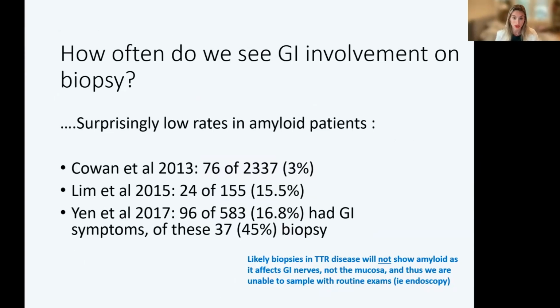Even if you take patients with known amyloid disease plus GI symptoms, one study suggests that less than half of these will still have positive biopsies. So, again, keeping in mind that patients may have negative biopsies because the GI tract is not involved, or it may be that GI involvement is there, but not present in the mucosa, the lining. And perhaps the GI tract is involved in deeper layers, for example, like TTR disease, which may be affecting the nervous system and not necessarily the intestinal lining.